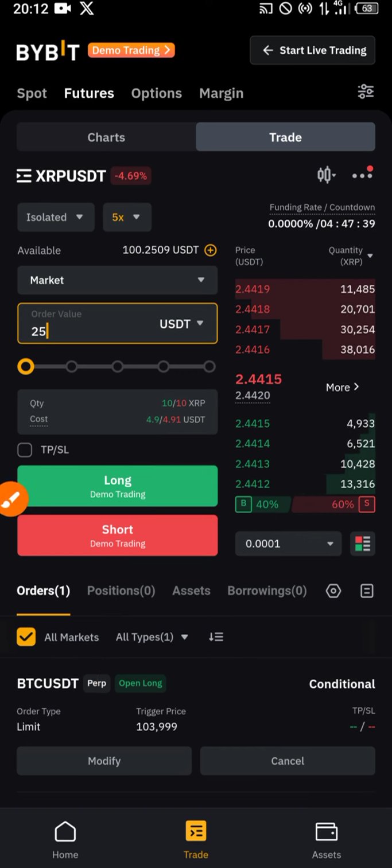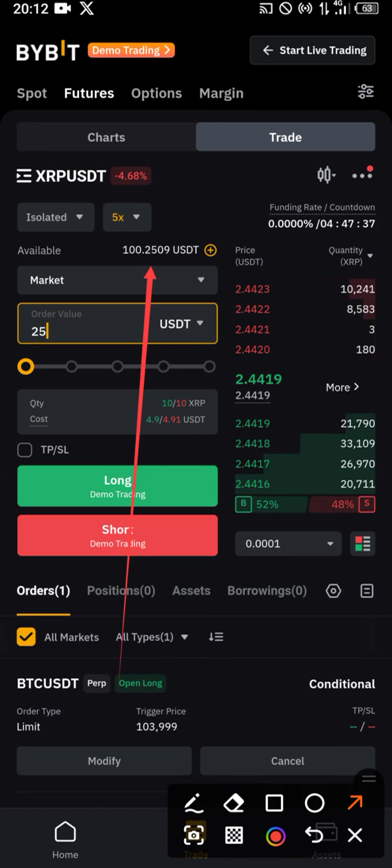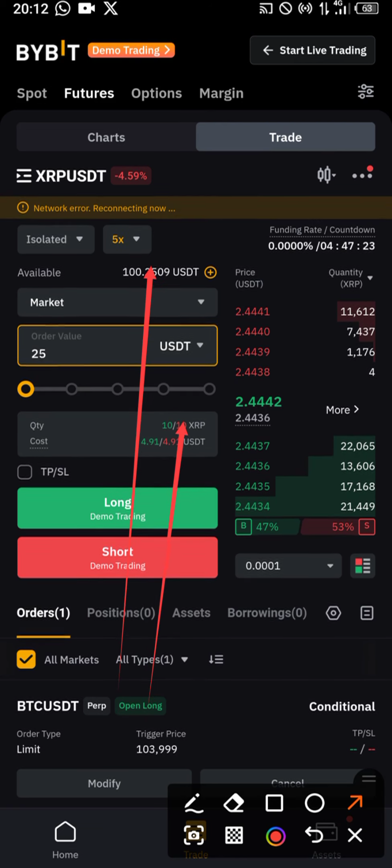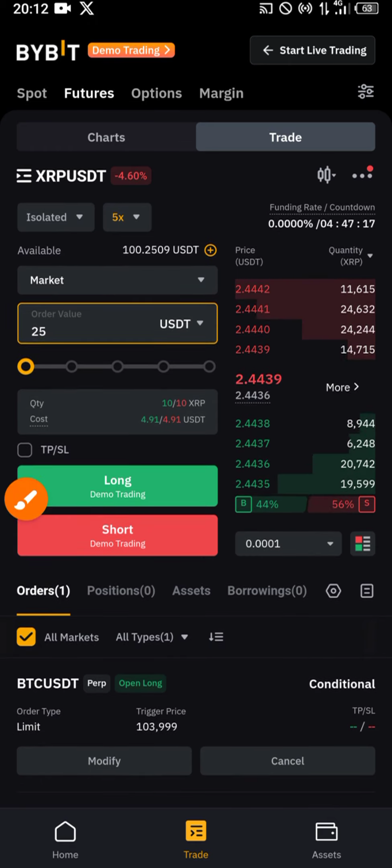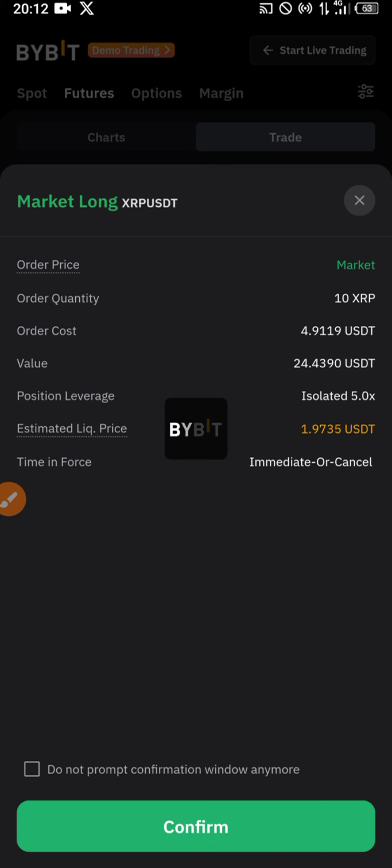Remember, I have $100.509 in my account balance. When they deduct, after placing the trade, they will deduct 4.91. I will be left with 95.59 point something. So let me place a long trade here so that you can see it.